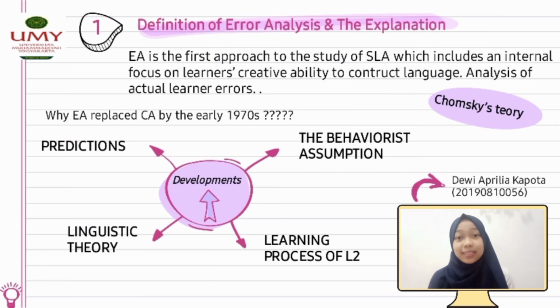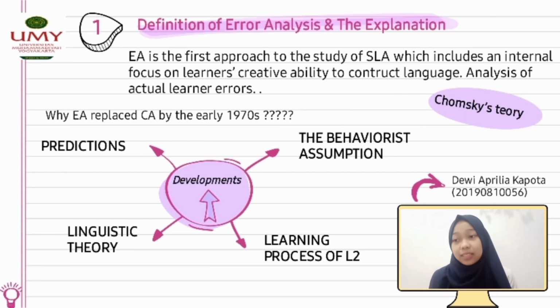That's why EA replaced or augmented the CA. The first is about prediction. Predictions made by contrastive analysis didn't always materialize in actual learner errors. Perhaps many real learners' errors couldn't be attributed or connected from the first language to the second language.